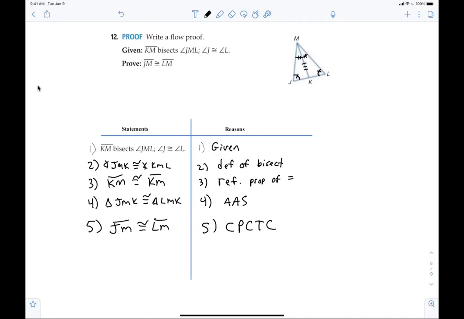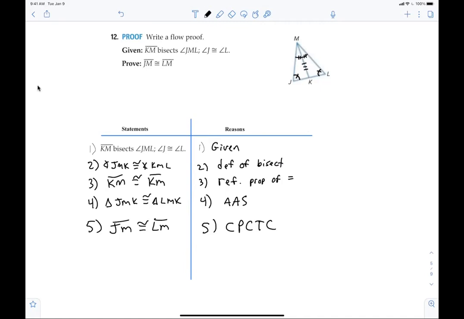Anybody? Okay, now I can answer your question. Could I also have done angle JKM is congruent to angle LKM? Why? You give the definition of bisection. It didn't bisect that side.